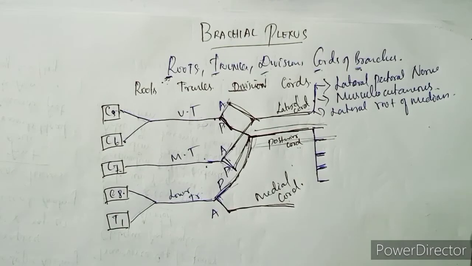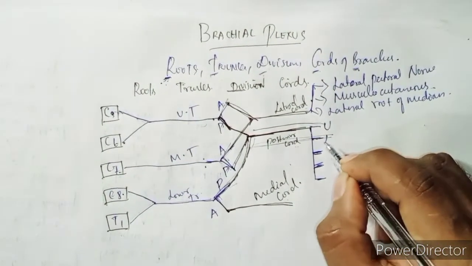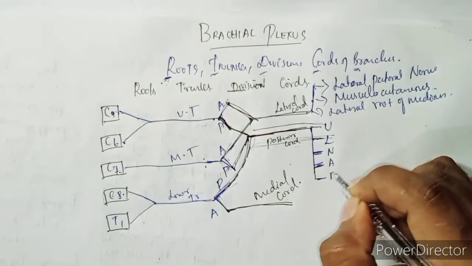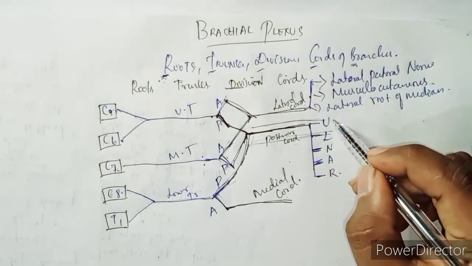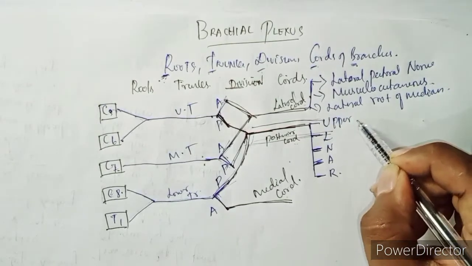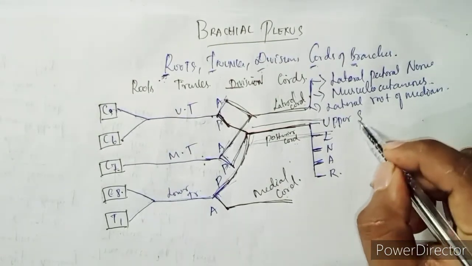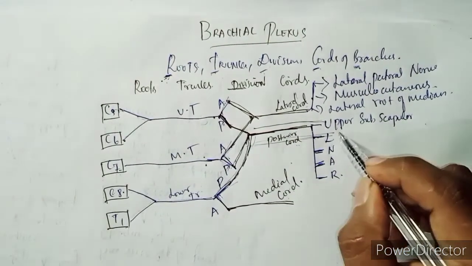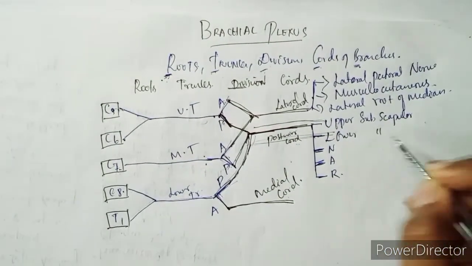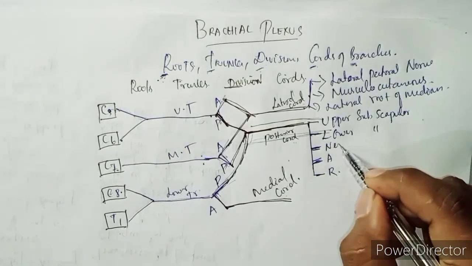The posterior cord is going to give 5 branches. To remind these 5 branches of the posterior cord, we can keep a simple mnemonic, ULNAR. U-L-N-A-R. The first one, U, is upper subscapular nerve. Obviously, the L stands for lower subscapular nerve.